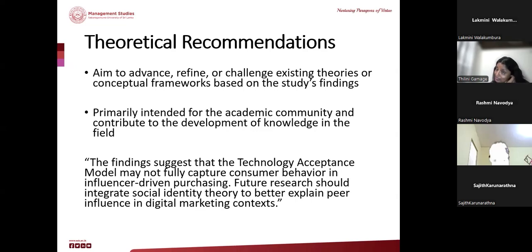Although there are existing theories which have been tested a lot by other scholars, they do have some limitations. So by providing theoretical recommendations, you can suggest that your findings will allow future researchers to advance this existing theory or to overcome its weaknesses.